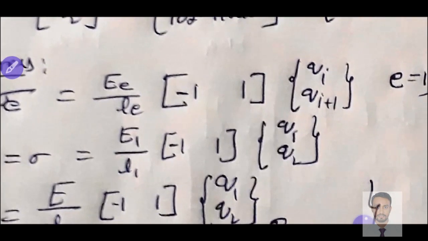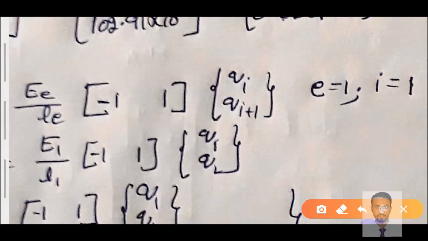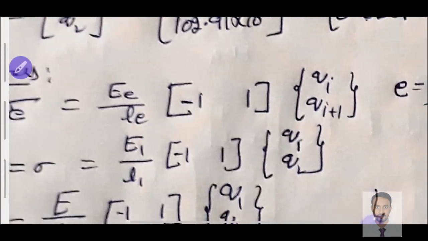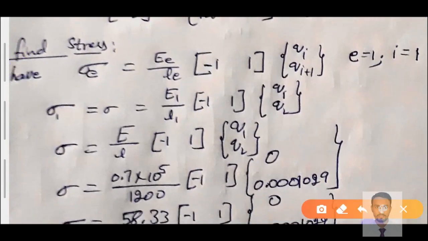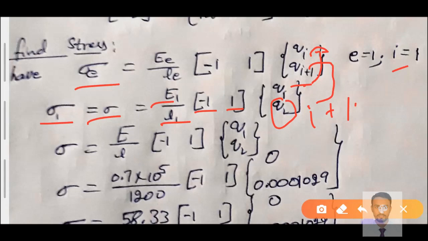So this is the equation we have, where i equals 1 and e equals 1 for an element. Then this equation yields sigma 1, as we have only one element. I'll take sigma e1, E over L1 times [minus 1, 1]. Then i means Q1, and Q_i plus 1 becomes Q2.